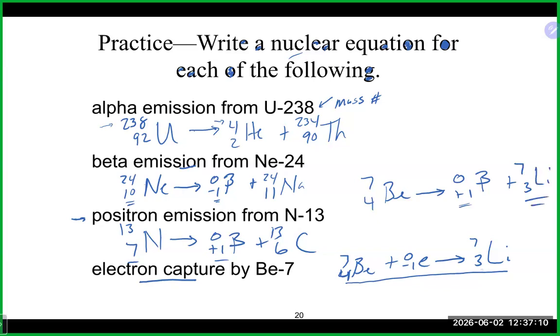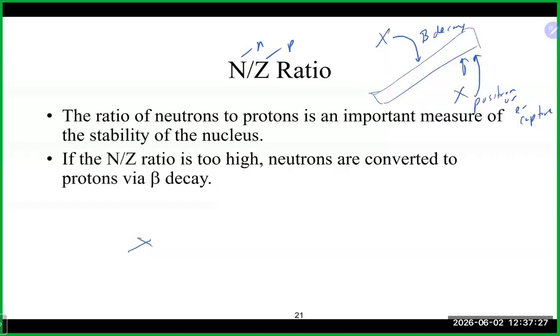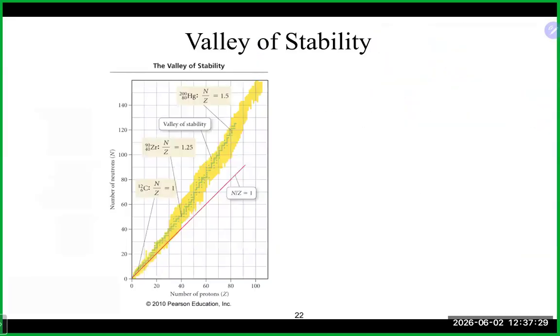As you can see, you will end up with the exact same outcome. That's why on that particular one, you do have an option of two. They both should give you the exact same outcome, either a positron emission or an electron capture. Now, how do I know if my ratio is too high or too low?